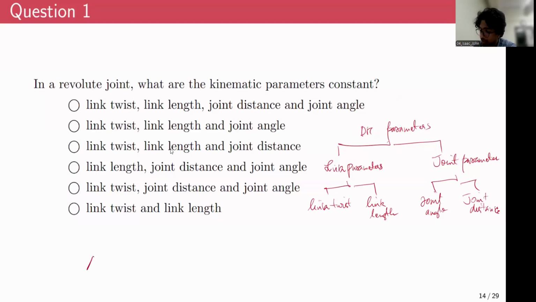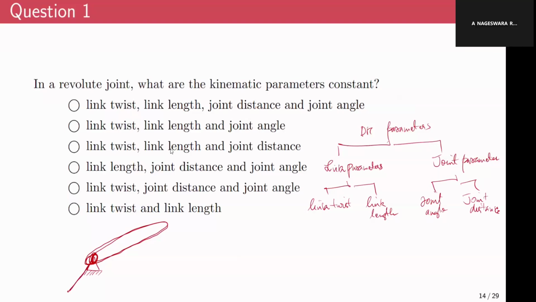You can consider this to be a ground and you have a single link, just a single link connected by a revolute joint. I'll attach a frame of reference to the ground, something like this. I'll have this Z0 and X0 like this.